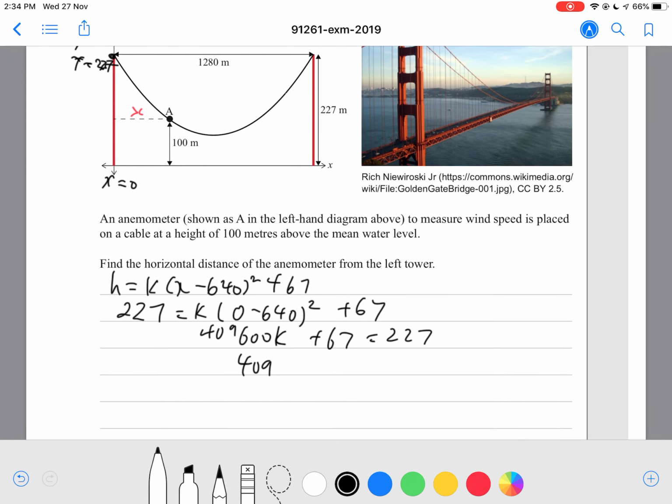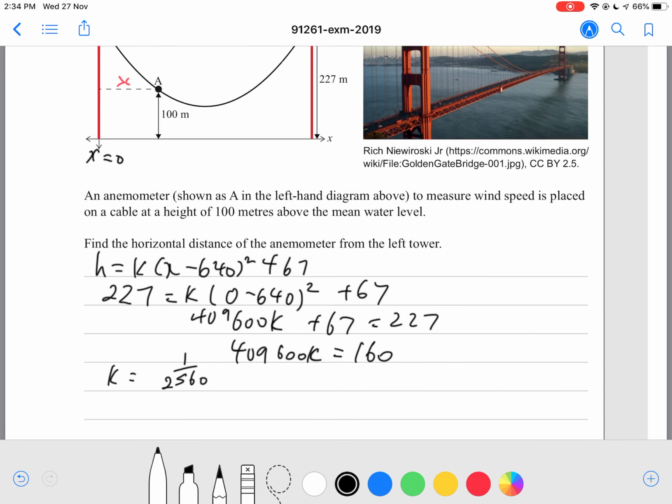So 409,600 k is equal to 160. So therefore, our k value would be 160 divided by 409,600, and that should give you an answer of k equals 1 over 2,560, which is a very small number.